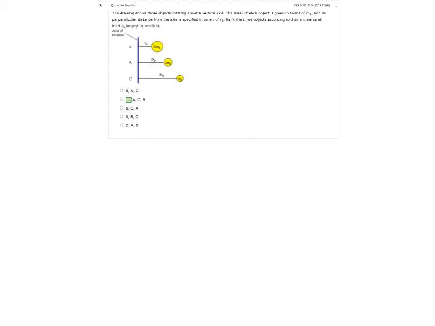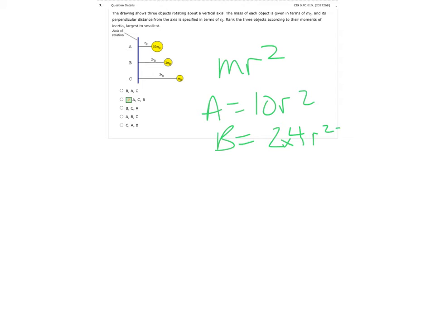This one, most of you realized you just had to rank it by m r squared. And when you do that, you had to be careful, but A was 10r squared, and B is 2 times 4r squared, so it's 8r squared, and C is 1 times 9r squared, so it was 9r squared.